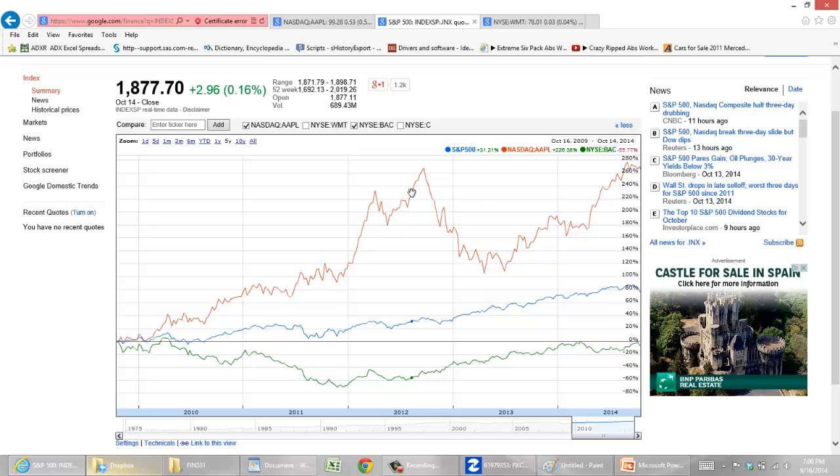Over here, it is quite clear in the area in the middle of 2013, you see the difference. If you have 50% of Apple and 50% of Bank of America, you can see that your return should be about the blue line, which is the market on average, right?